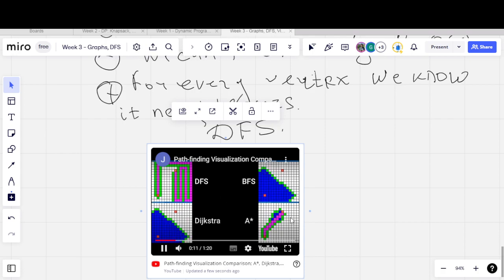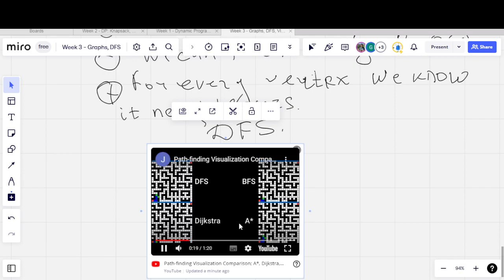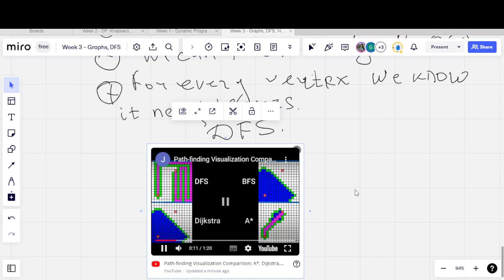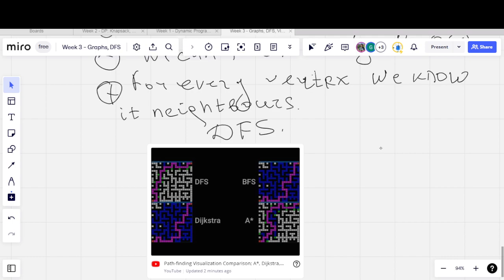In BFS we traverse through all the vertices. It will be better if I start to draw.